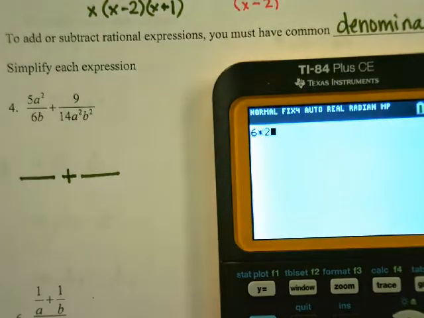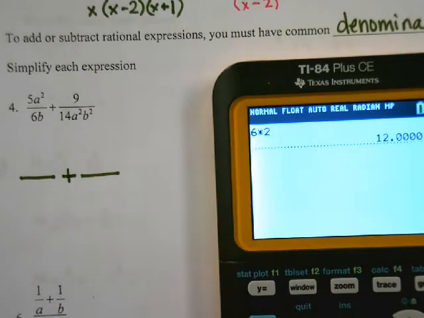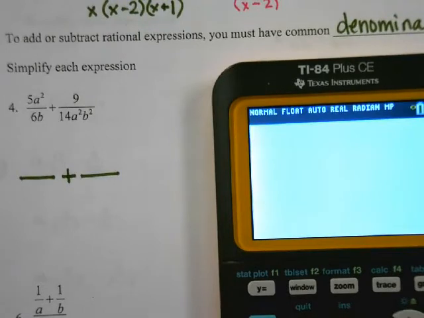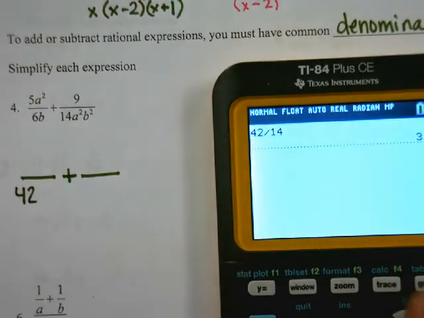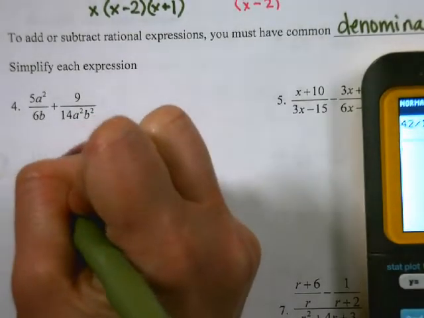No. Wait, no, it's 42. That's what I have on my calculator. So 42 divided by 14 is 3. Perfect, that'll work, right? So 42. What else? a²b².